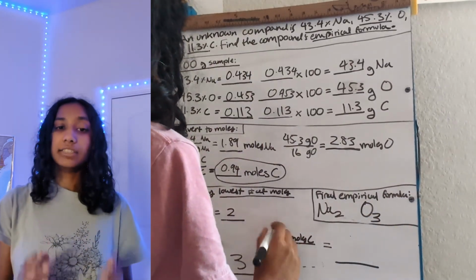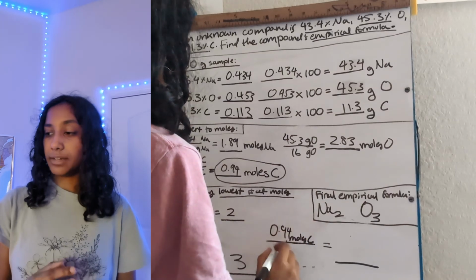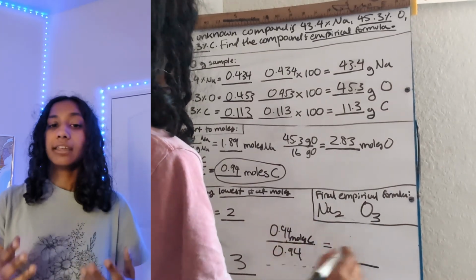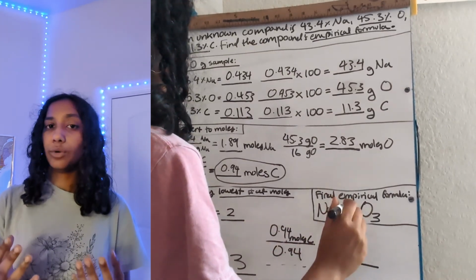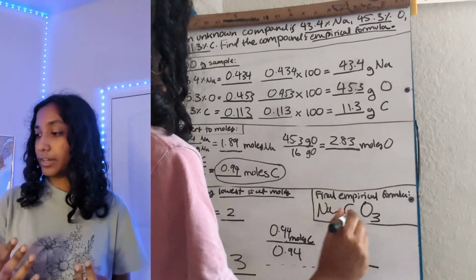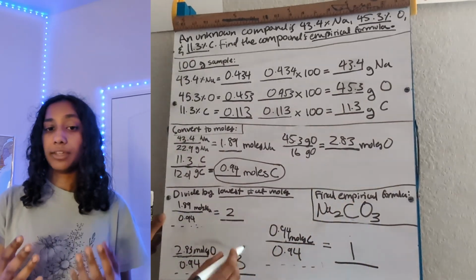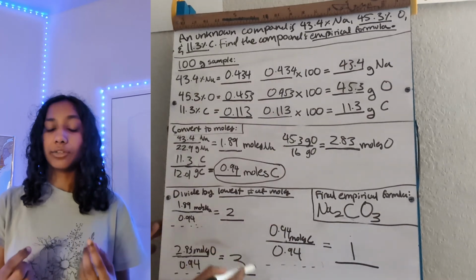And finally, 0.94 moles of carbon divided by 0.94 gives us 1, so the ratio of carbon in the compound is roughly 1.